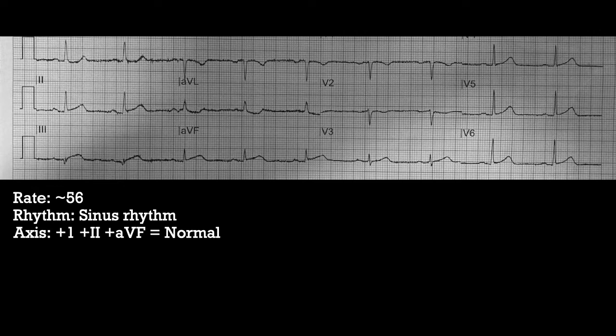You can get a little bit thrown off, but it doesn't seem to be a long QT in this case. So we'll say that we don't see any obvious changes in the intervals or anything that looks pathologic, and no obvious blocks associated with it, like again left bundle branch block or AV block or anything like that. So rate, rhythm, axis, intervals, and blocks.